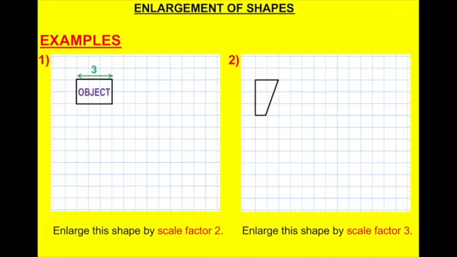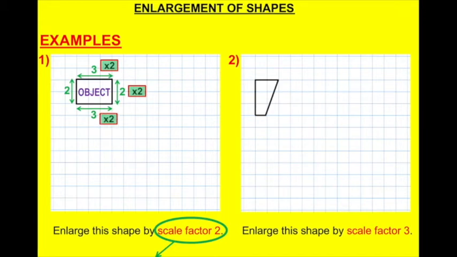Well, obviously, what you do, you multiply each side by 2. And where you put the image at this stage, in this example, it doesn't matter, right? So you multiply each side or each length by 2, right?